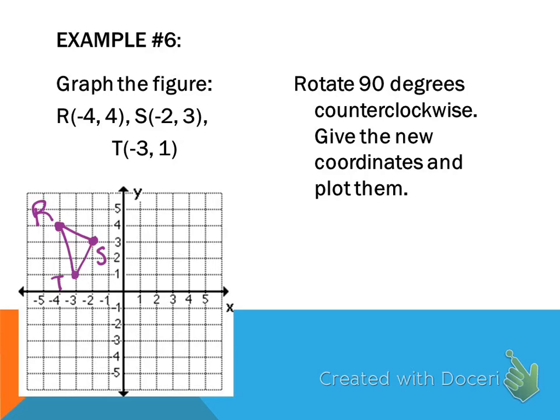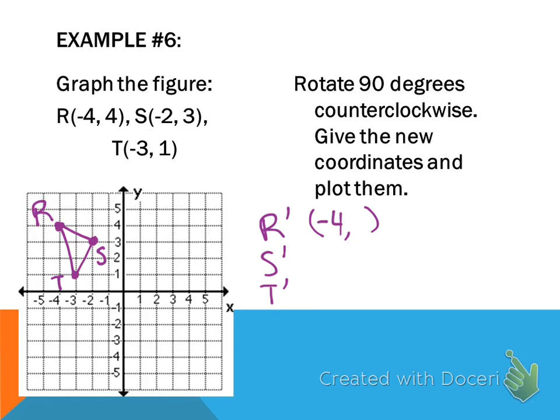If I am rotating 90 degrees counterclockwise, I need to figure out what R prime, S prime, and T prime will be. For 90 degrees counterclockwise, the Y changes signs and moves to the front. So for R, what is going to be my new front coordinate? A -4.